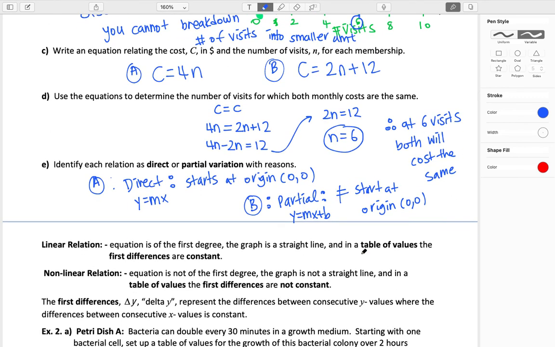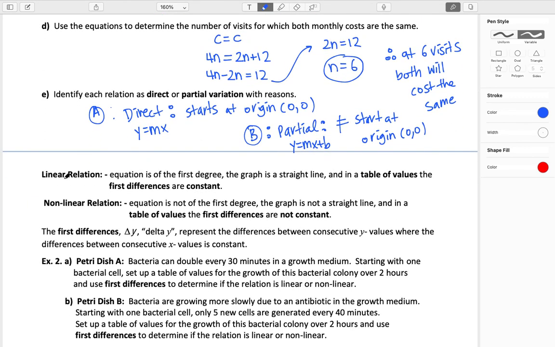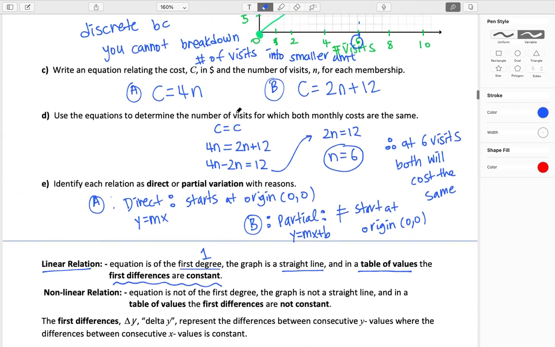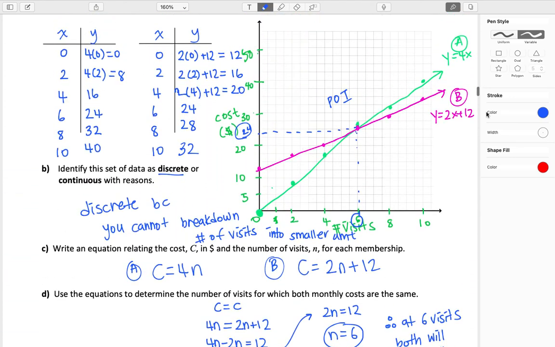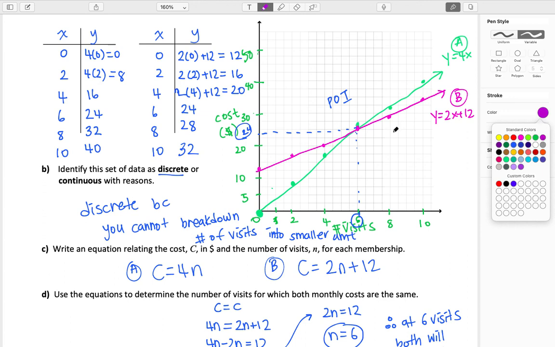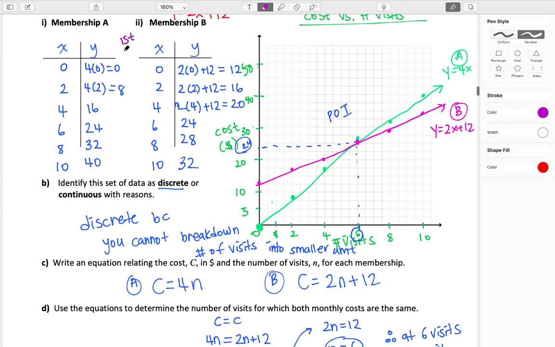So another summary is that for linear relation, the equation is always the first degree, meaning the exponent is 1. The graph is a straight line. And for the table of values, the first differences are constant. So what do I mean by first difference? If you take a look at the table of values, the first difference is found by doing the subtraction for the y value.